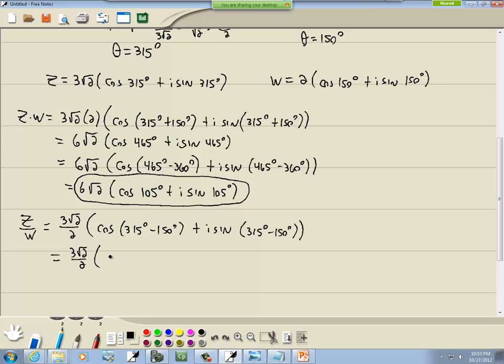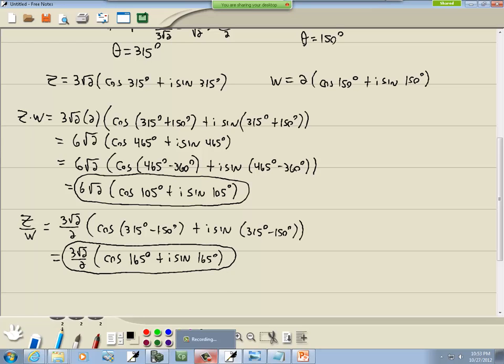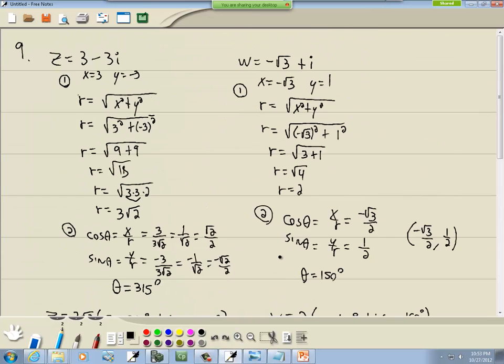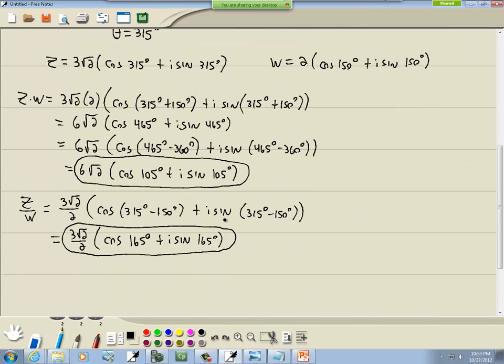And then when I subtract those, it gives me 165 degrees plus i sine of 165 degrees. And that's assuming my eyes didn't get off when I was looking up these angles on the unit circle. Because again, I don't trust myself when it comes to degrees, but hopefully you get the idea.